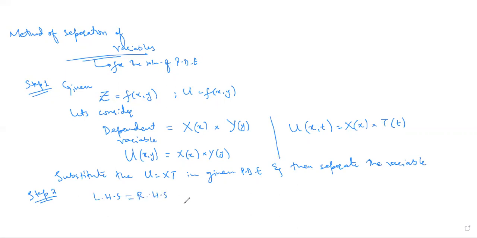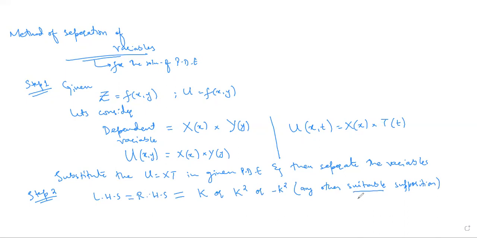This is a general equation, and we have substituted u equals X into T and then separated the variables. After the separation of variables, you just have to consider this as equal to k, or k square, or minus k square, or any other suitable supposition. The word I use here is suitable supposition.